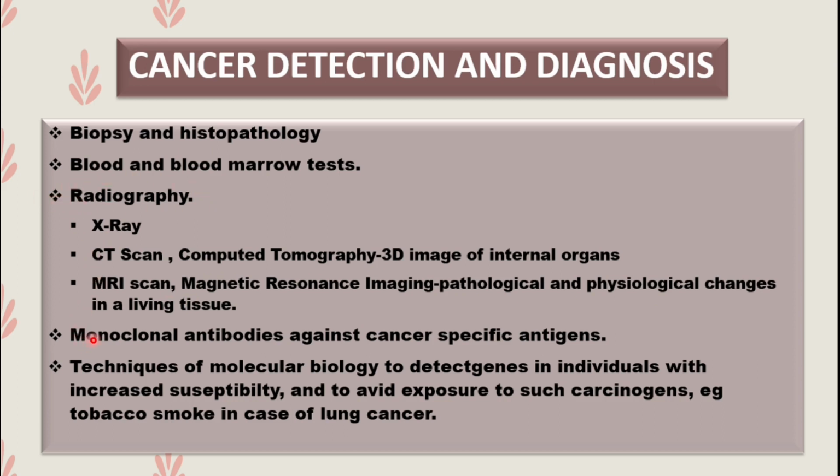The next one is monoclonal antibodies. Monoclonal antibodies are used against certain specific cancer specific antigens, and this can also help us in detecting cancer. Now, techniques of molecular biology are used to detect genes, especially in individuals with increased susceptibility.